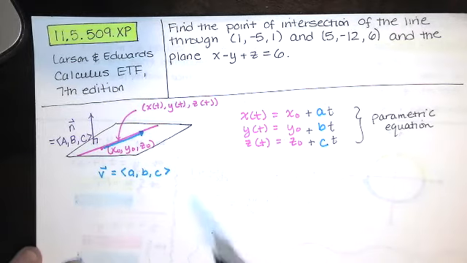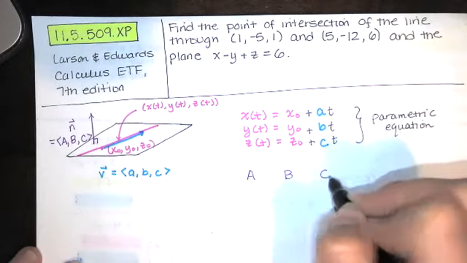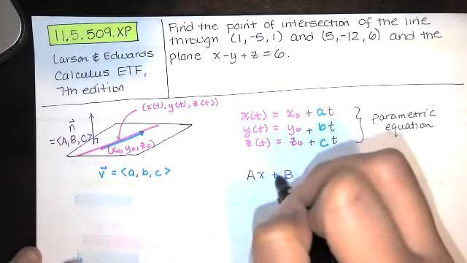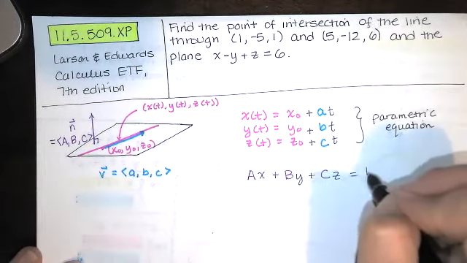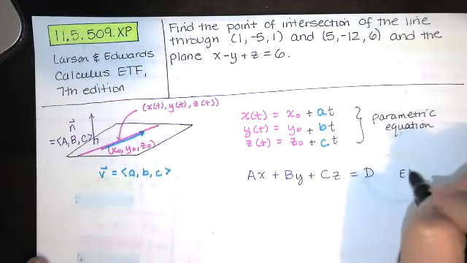Now, the plane has this equation. If the normal vector is A, B, and C, the plane would have an equation A times x plus B times y plus C times z equals some number, which I'll just call d. So this is the equation of the plane.